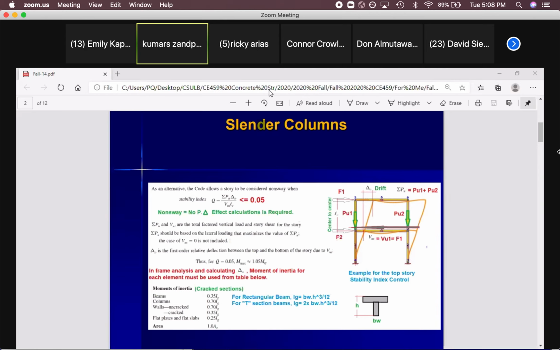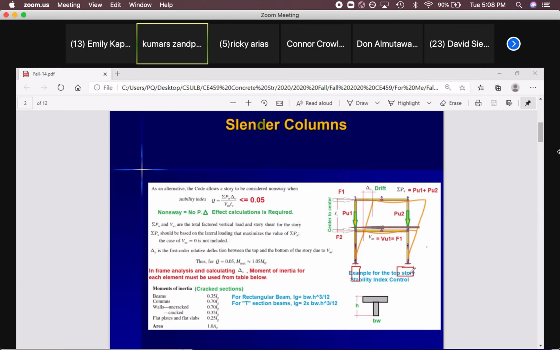So that's very important. For example, if you are talking about this column, and imagine this column is like this, rectangular. And the other column, because of some details that the architect asked us, we had to go with this case.